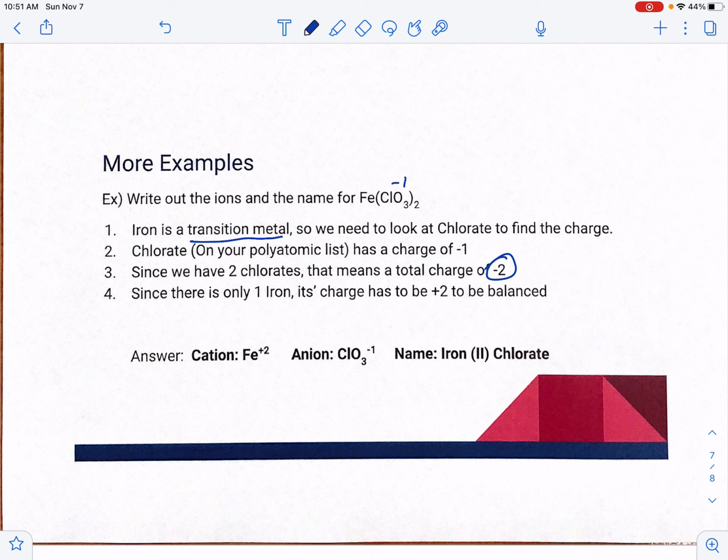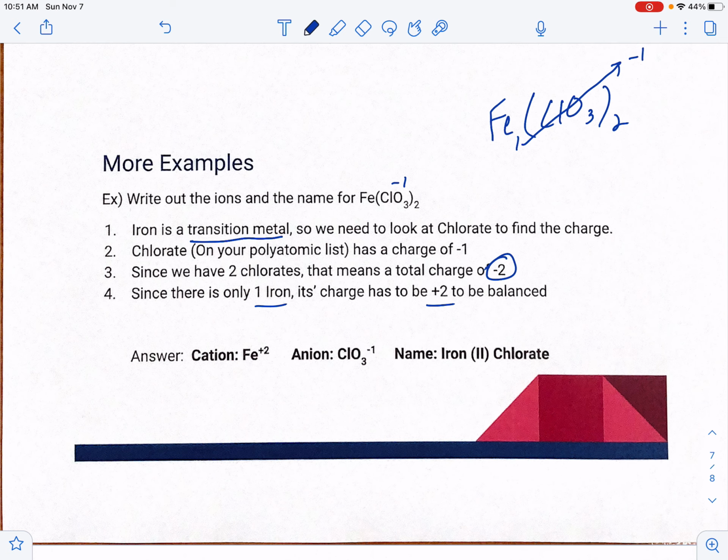If I only have one iron to balance out that -2 charge, my iron charge would have to be a +2 to be balanced. So this one would also work as far as your reverse crisscross. If you write FeClO3 with a 2, I would take this imaginary 1 from the iron and take this up to chlorate, and I would see, does this match my polyatomic list?